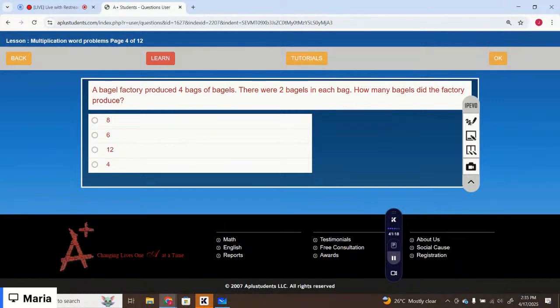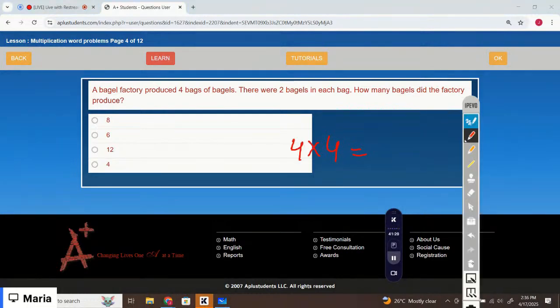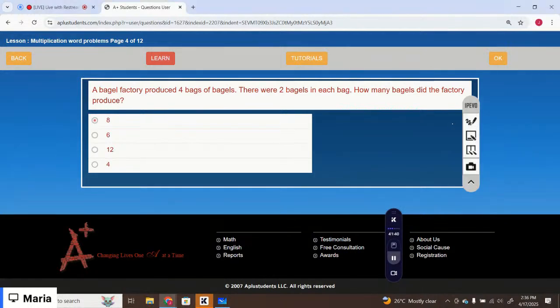So which is the correct option? 2 times 4. So 2 times 4 is 8. Option number 1 is the correct option. That is 8.